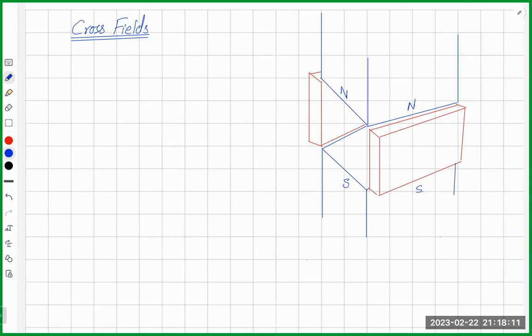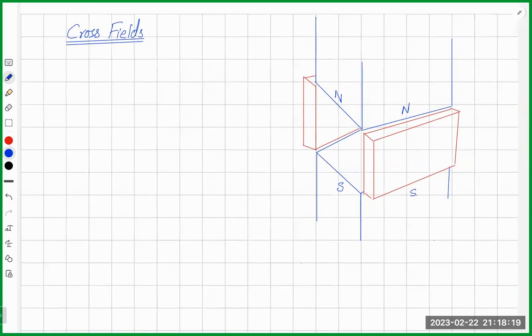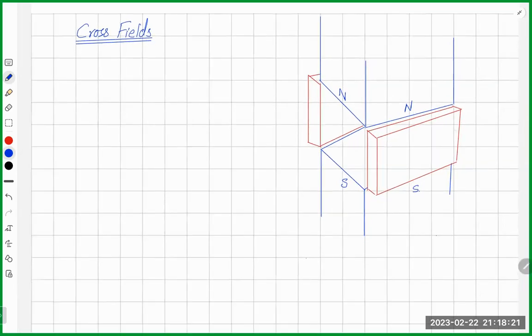North and south are horizontal, and the plates on the sides are vertical. So I can connect these plates to a DC power supply.